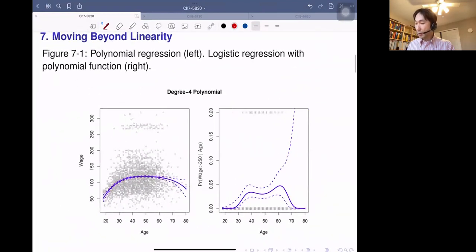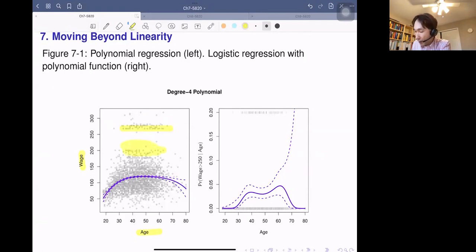Yeah, so this is an example where polynomial regression is applied to data for age versus wage. The sample unit is an individual, and in this survey they studied the age and the wage of individuals. You can see that from around age 30 to maybe 60, some people have higher wage.